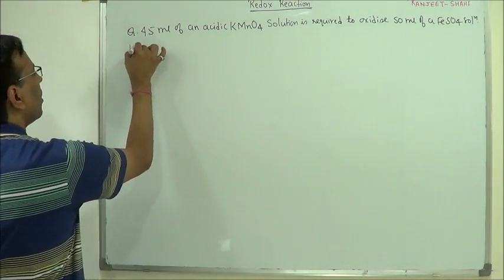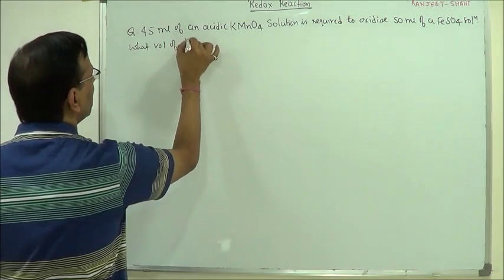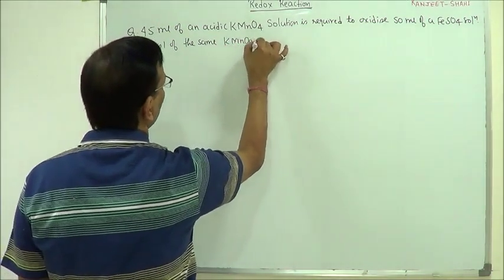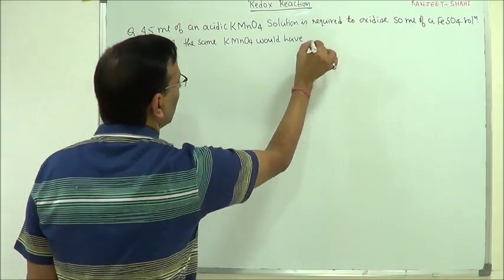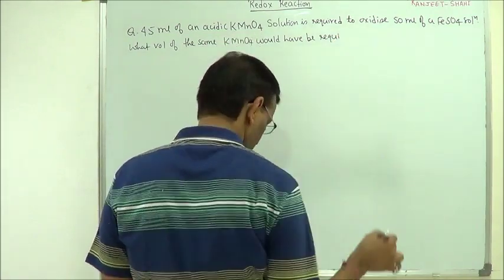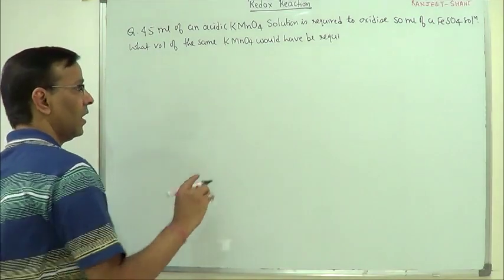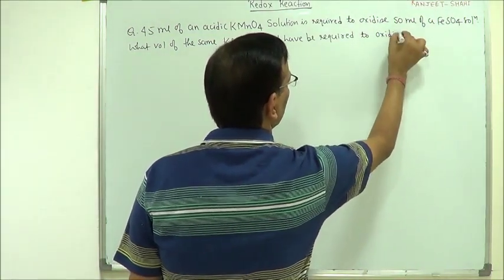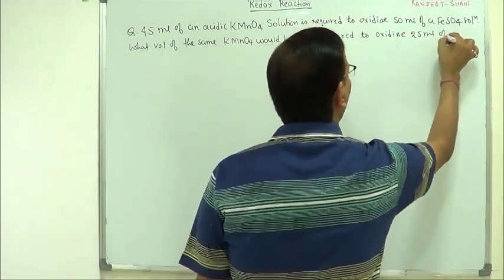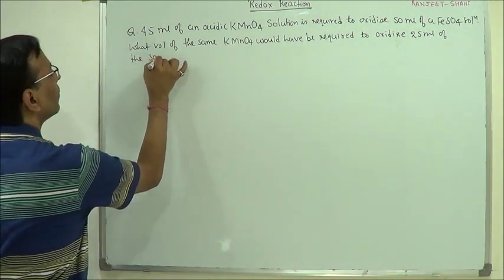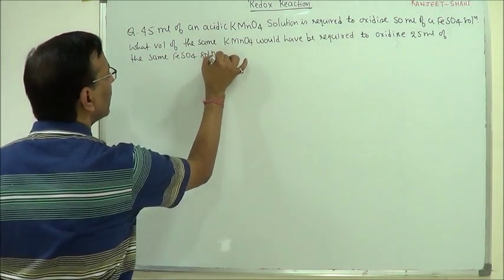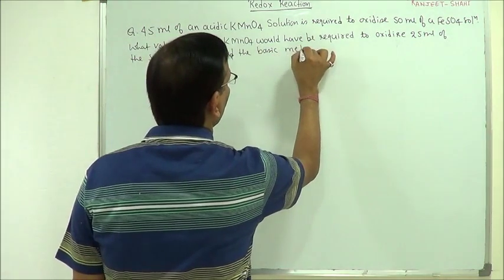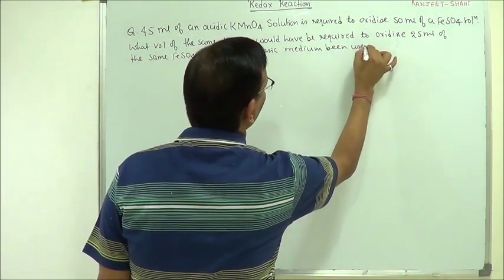What volume of the same KMnO4 would have been required to oxidize 25 ml of the same FeSO4 solution had the basic medium been used.